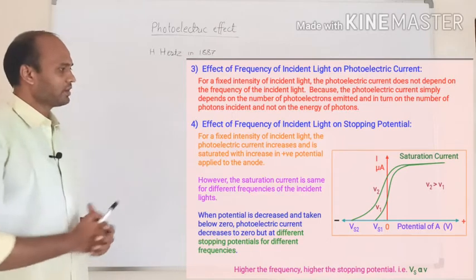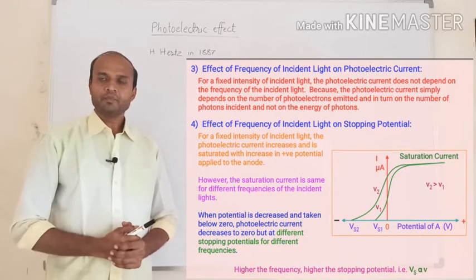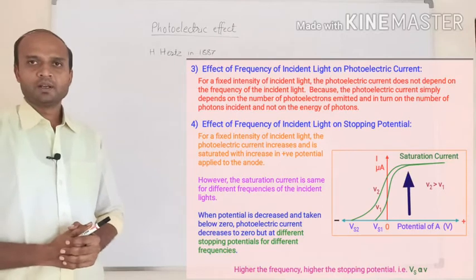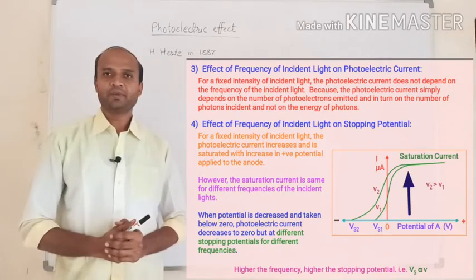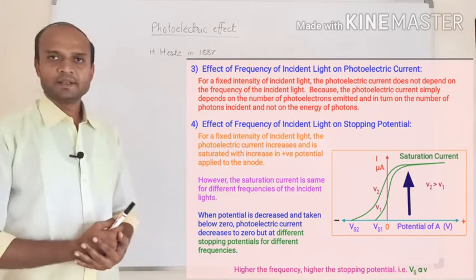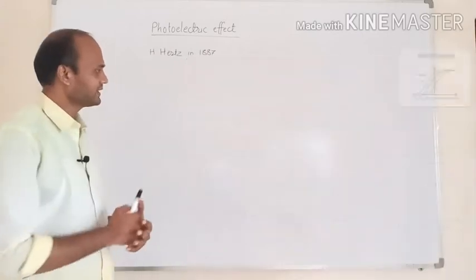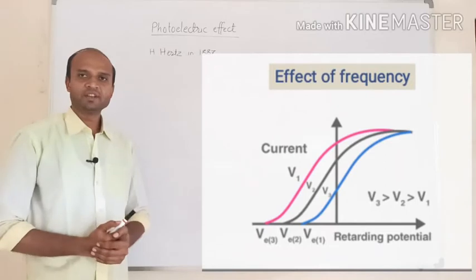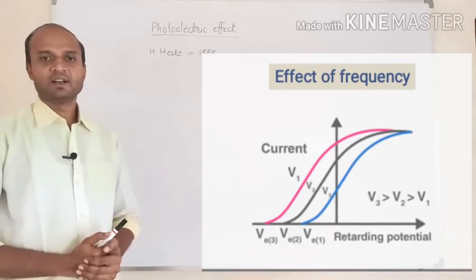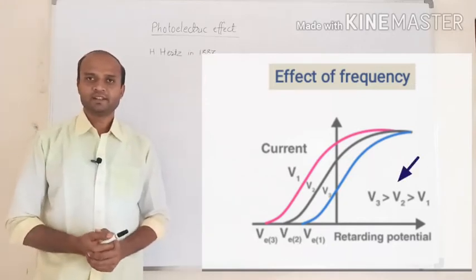From this curve it is observed that for positive voltages there is no effect of frequency, but when we apply the reverse voltage, we get three curves corresponding to frequencies nu1, nu2 and nu3, such that nu3 is greater than nu2 and nu2 is greater than nu1.